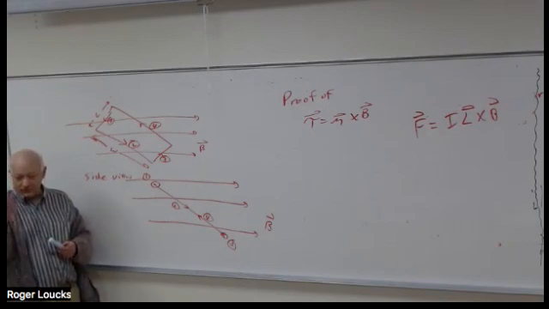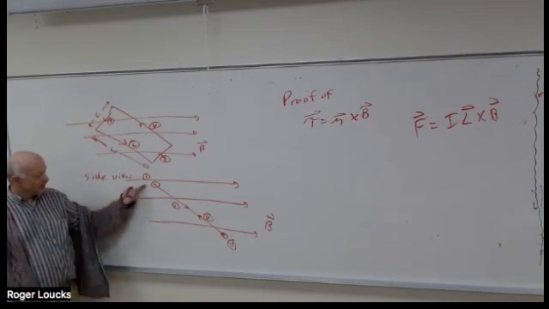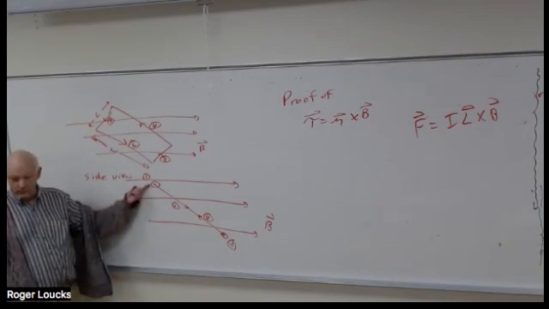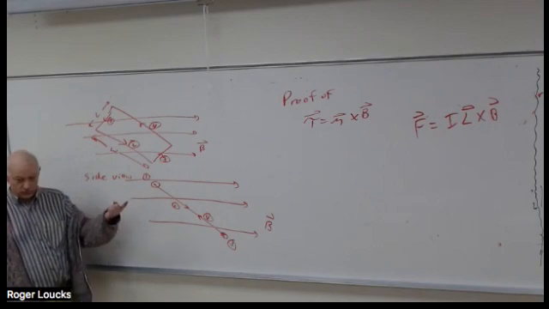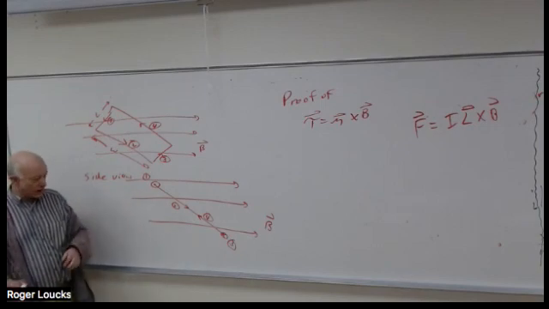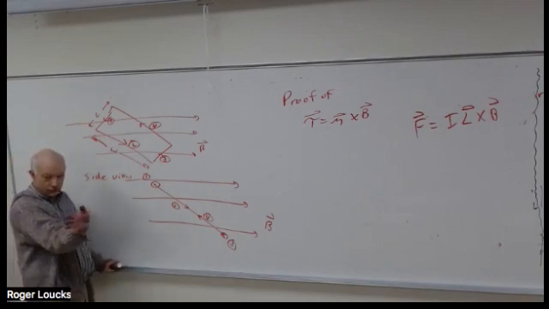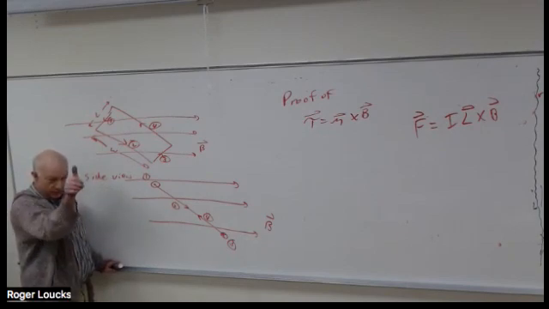Do the right hand rule for this. How does L go for side 1? It comes out. So L cross B, because this is the direction of L. L cross into B, that goes up.